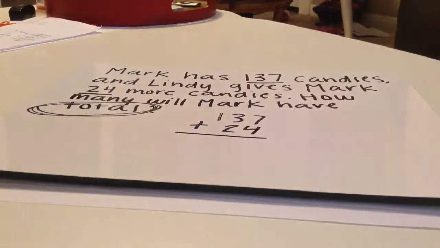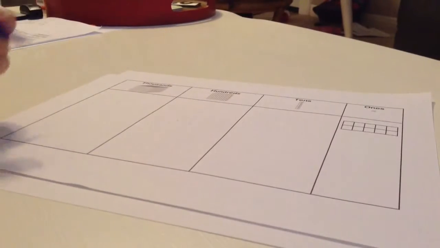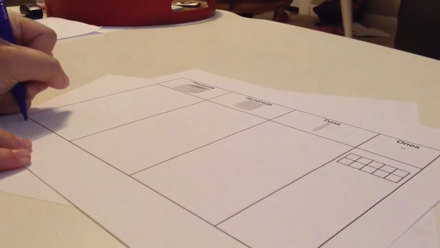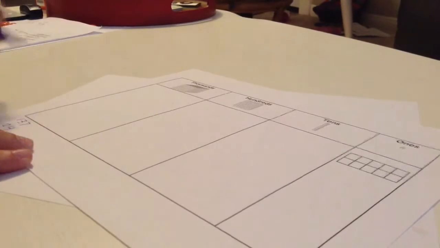Well, let's go ahead and look at it using a 10 frame place value chart. So just so we remember, I'm going to write 137 right here, and then I'm going to write 24.